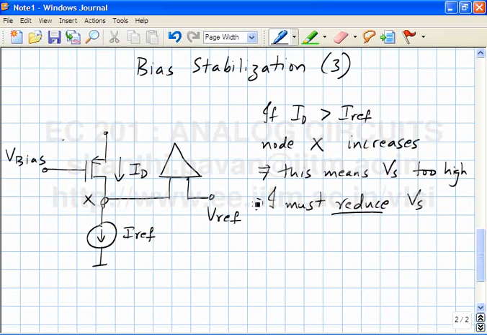If the node potential at X starts to increase beyond Vref, you know that ID is too large, which basically means that I must reduce Vs. So what must be the signs on the op amp? If this goes up, this must come down, which means the signs on the op amp are minus and plus.